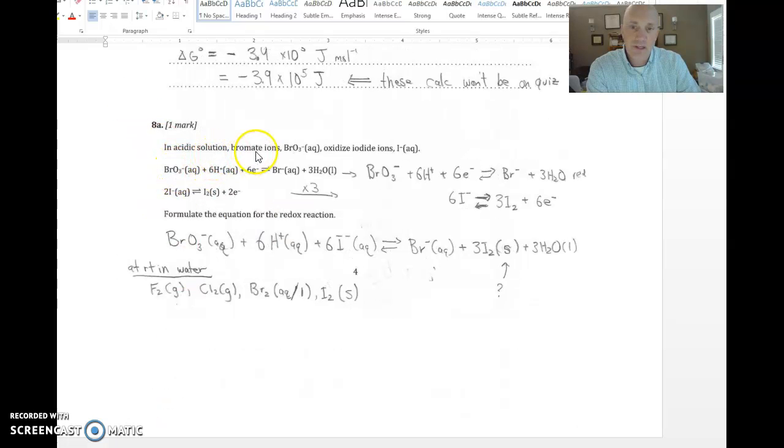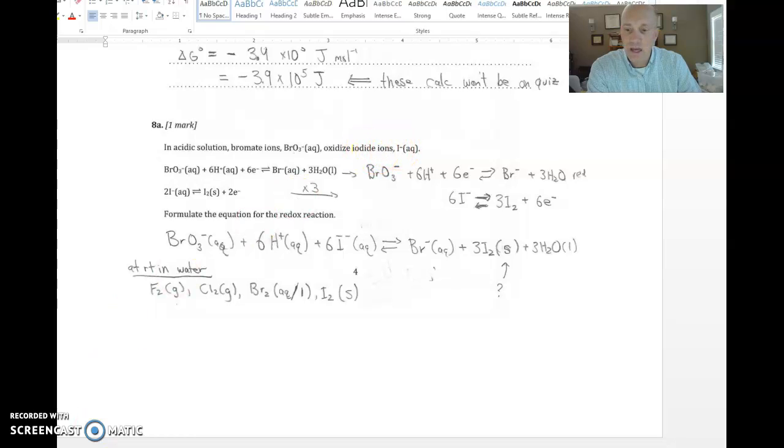In this problem it says in acidic solution bromate ions oxidize iodide ions. They give these 2 equations right here, although I think that you could have done this even if they hadn't put this here, because it says oxidizing iodide ions.